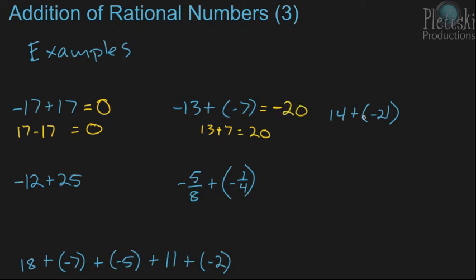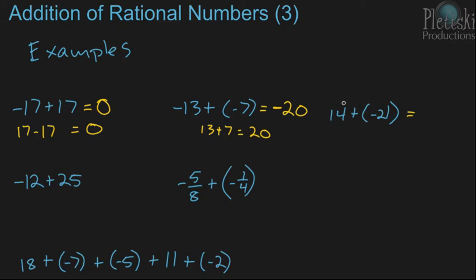Okay, this next example, we have 14 plus -21. Well, remember, when we have a positive rational number plus a negative, we've got to take a look at which one of these is farthest away from 0, and that's going to be the sign of our answer.